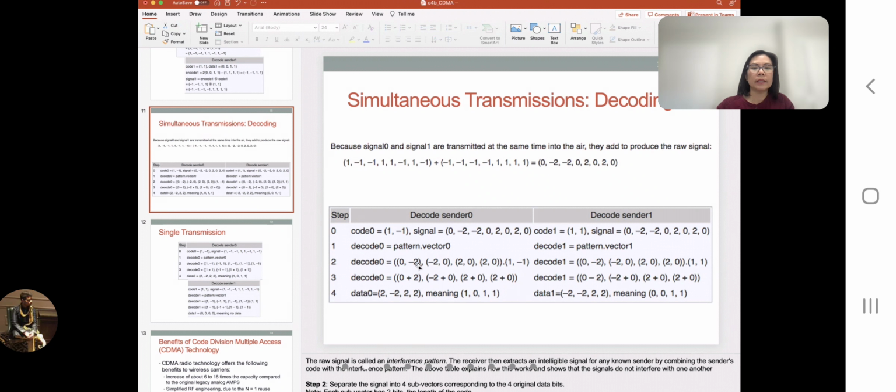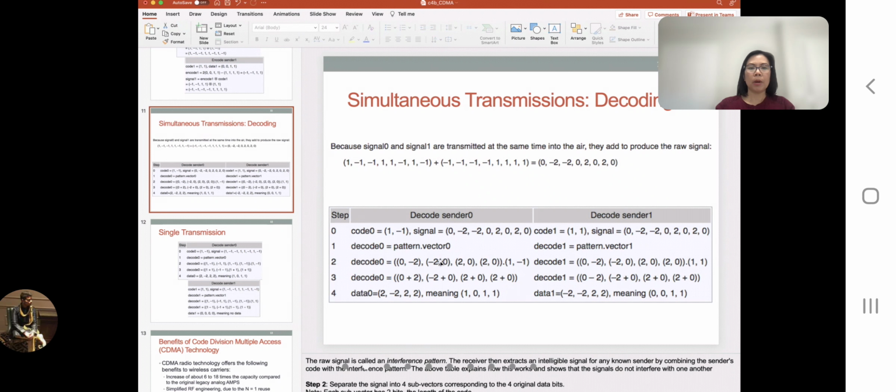So we separate these into one subvector, the next subvector, and so on. This corresponds to the first bit, this to the second bit, the third bit, and the fourth bit in the original message. And now we take the dot product of every subvector and the code. So if you take the dot product of 0, -2 and 1, -1, that would be 0 plus 2, since -2 times -1 is 2.